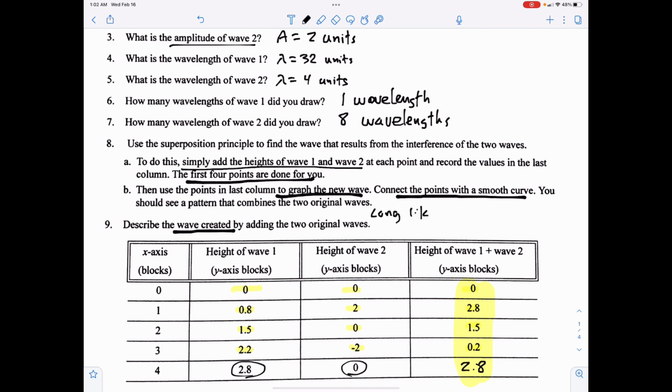Right? It's long like wave 1, but repeats often like wave 2. It is a combination of the two.